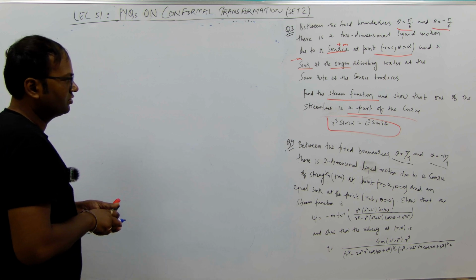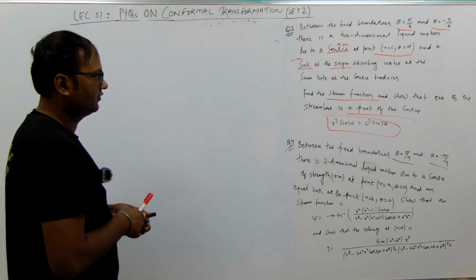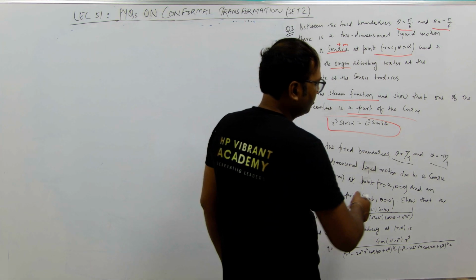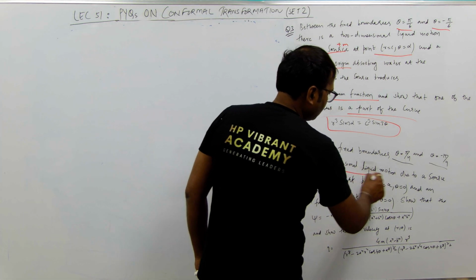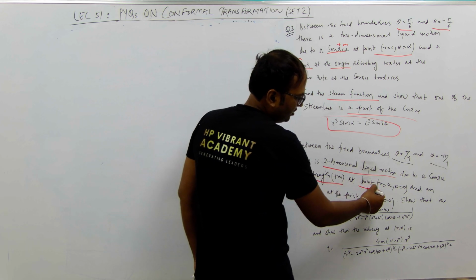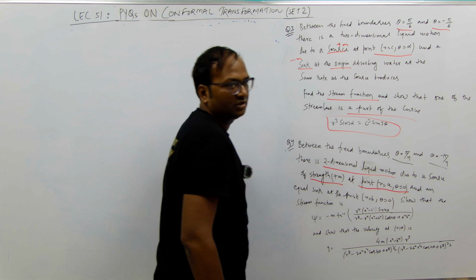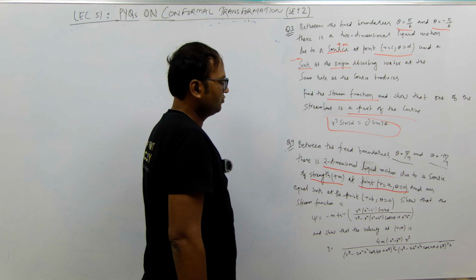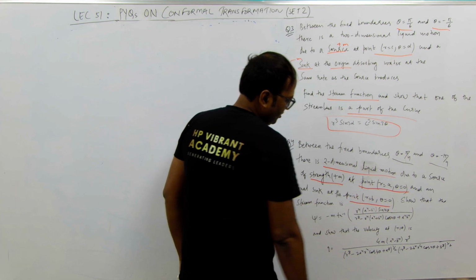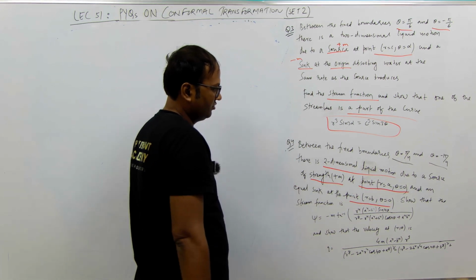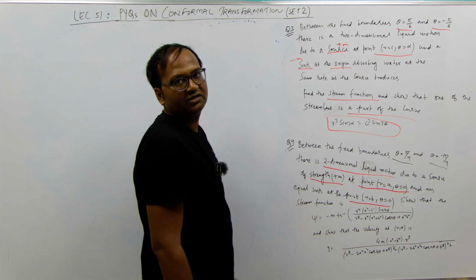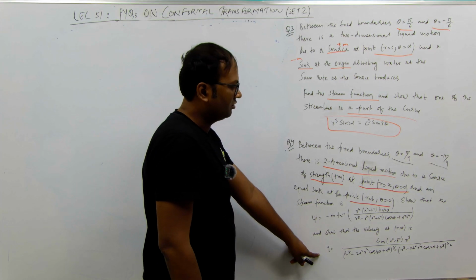What is given in the question is that between the fixed boundaries theta equal to pi by 4 and theta equal to minus pi by 4, there is a two-dimensional liquid motion due to a source of strength plus m at the point (a, 0), and at r equal to b, point (b, 0), we have a sink of strength minus m. So we have to find the stream function and the complex velocity.